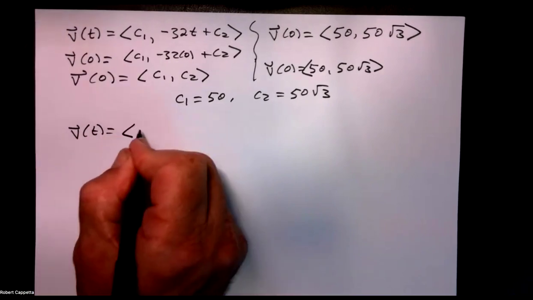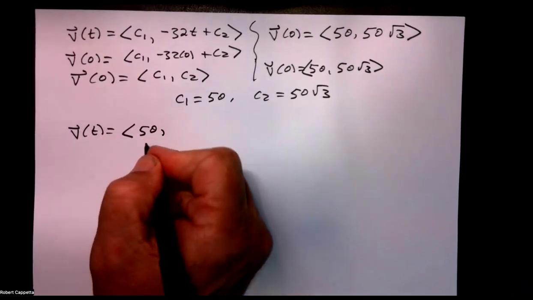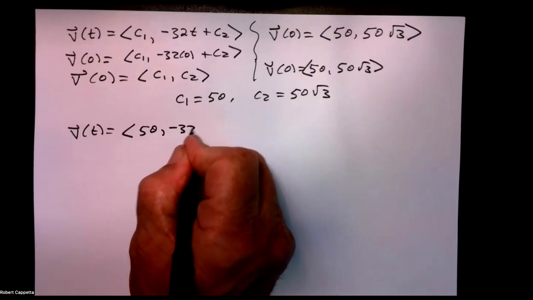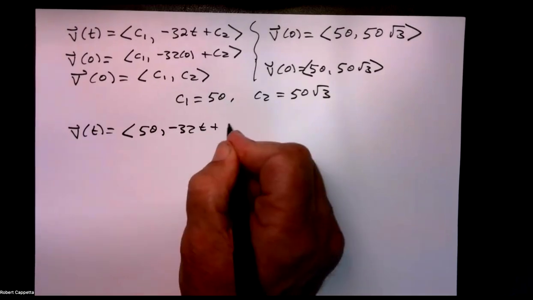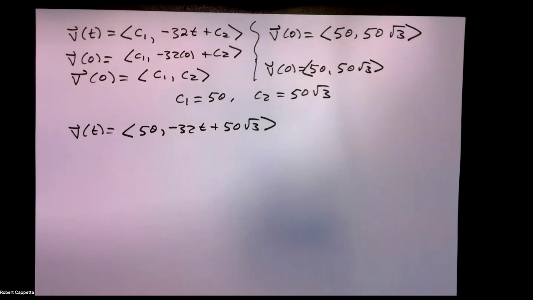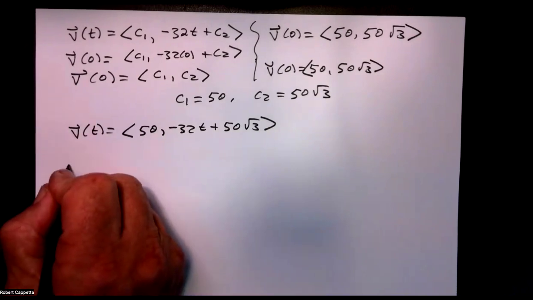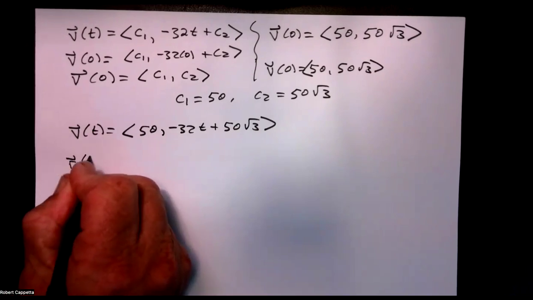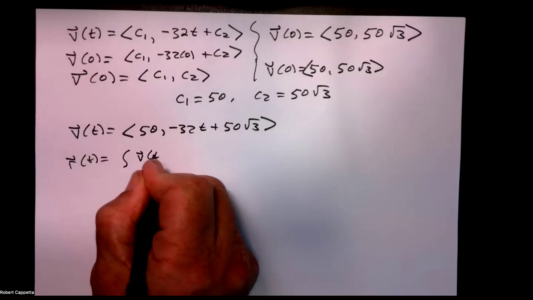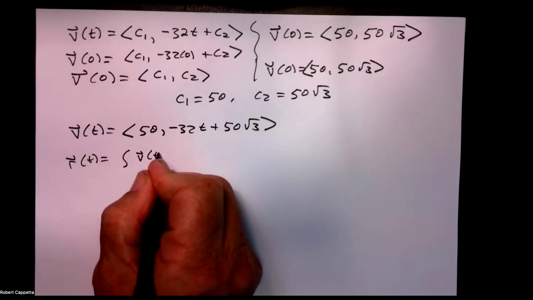So v of t is 50 comma negative 32t plus 50 root 3. Well, velocity is the derivative of position. So the position function r of t would be the integral of v of t.